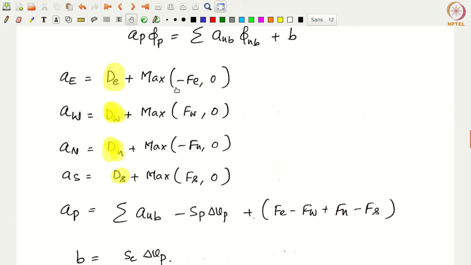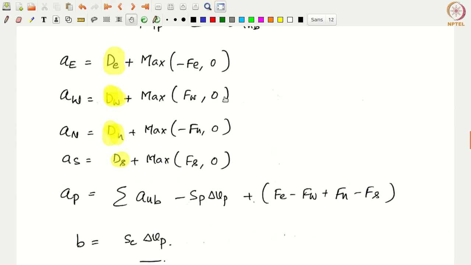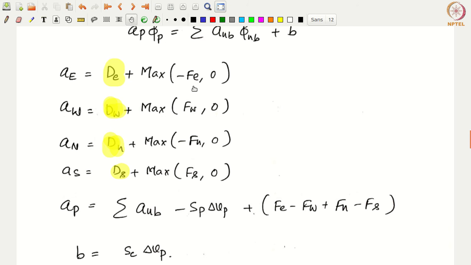Let's say FE is positive. If FE is positive, that means it's in the positive X direction, then the contribution has to go to AP. That means max of minus FE comma 0 would return 0, because FE is positive, minus of positive and 0, maximum is 0.